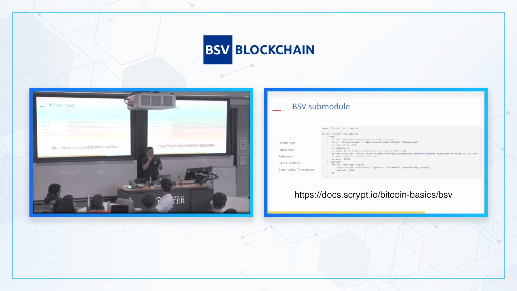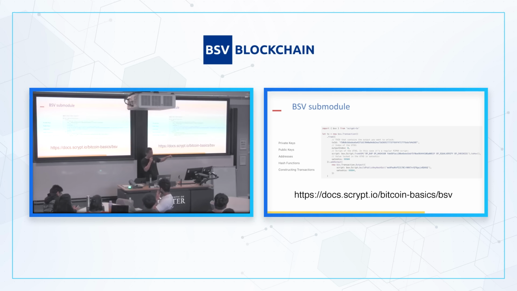Most notably, we have a submodule called BSV. It gives you all the primitives to build BSV Bitcoin transactions. We showed you the structure of the transaction yesterday: you have inputs, outputs, lock time, and all kinds of these fields.